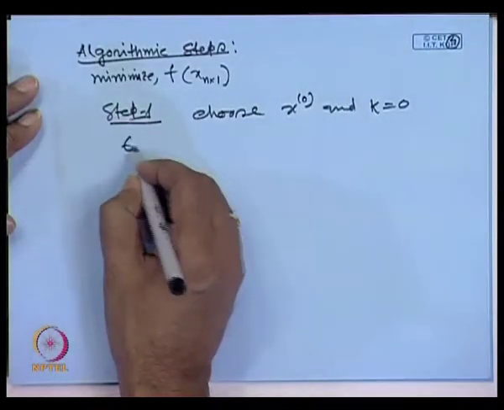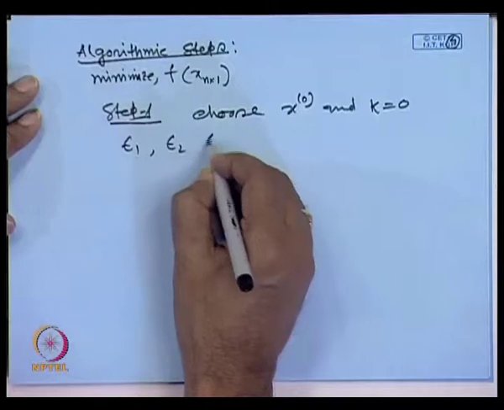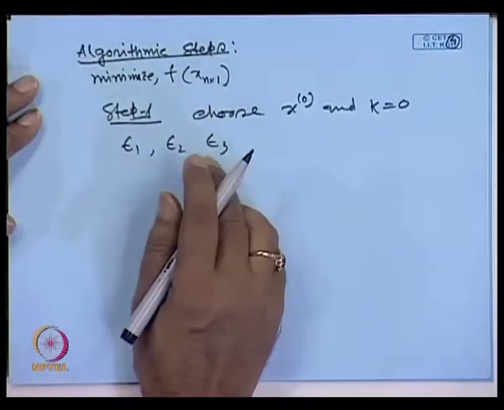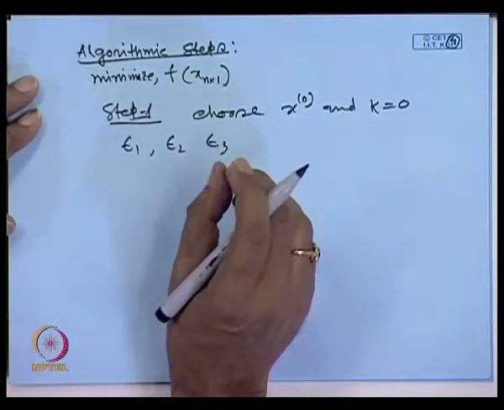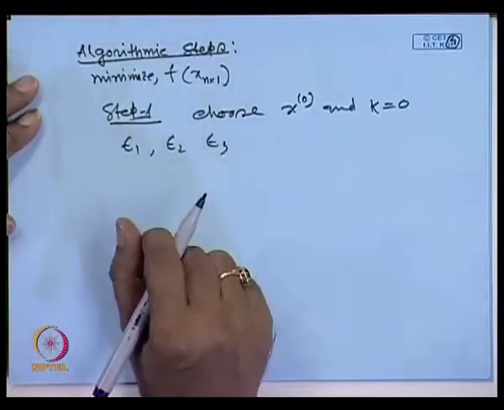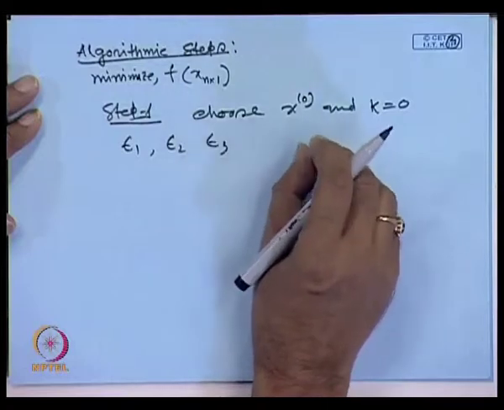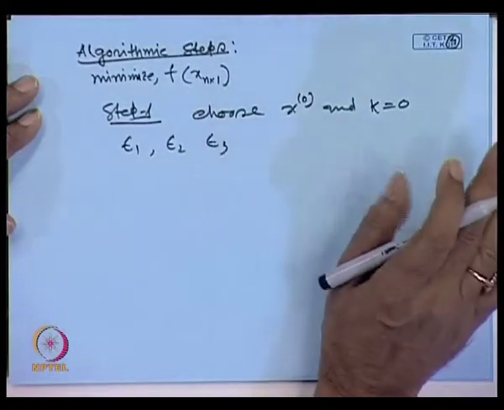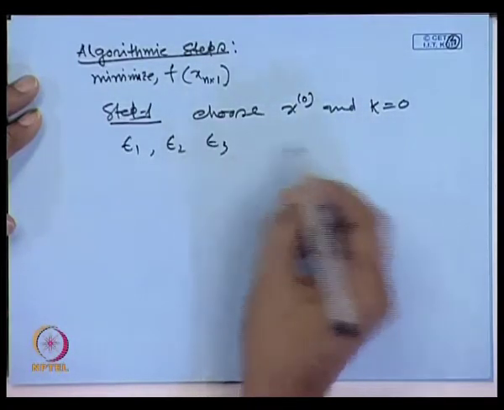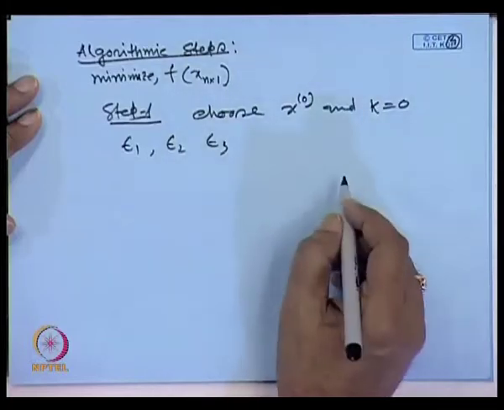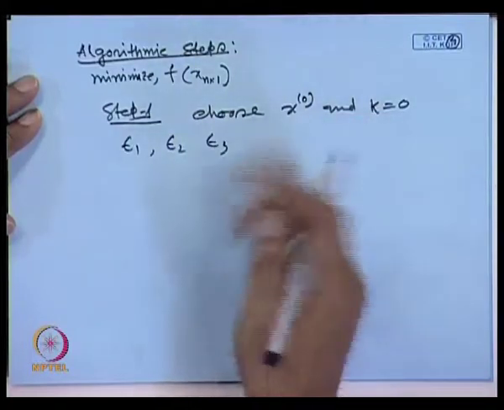Then epsilon 1, epsilon 2 and epsilon 3 are all positive real but very small quantities, and these are the tolerances for stopping criteria of the iterative process.